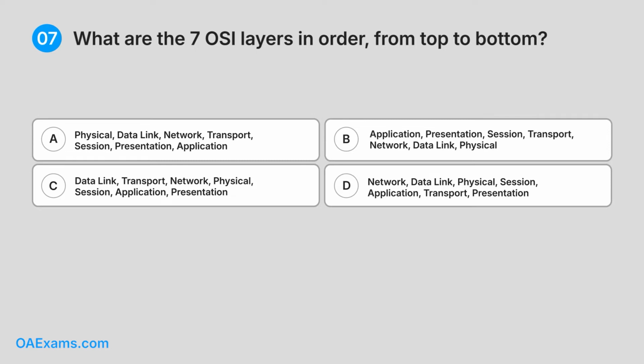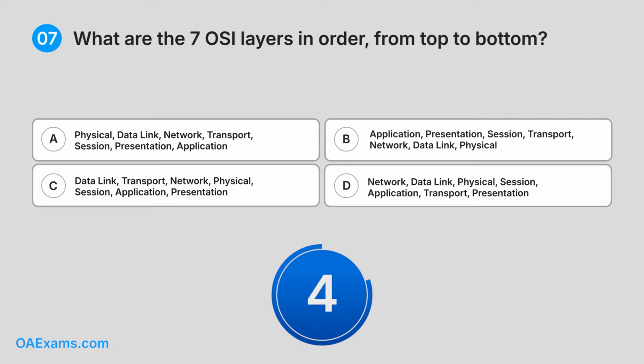7. What are the 7 OSI layers in order, from top to bottom? A. Physical, data link, network, transport, session, presentation, application. B. Application, presentation, session, transport, network, data link, physical. C. Data link, transport, network, physical, session, application, presentation. D. Network, data link, physical, session, application, transport, presentation.